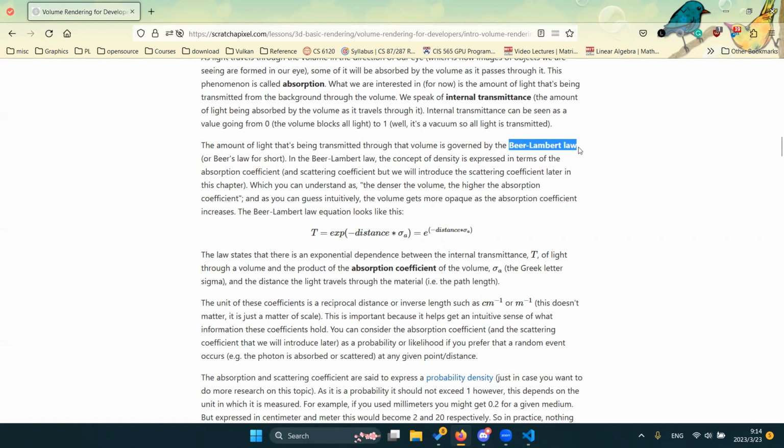Beer-Lambert law. In Beer-Lambert law, the concept of density is expressed in terms of absorption coefficient and scattering coefficient, which we will introduce later. The denser the volume, the higher the absorption coefficient.